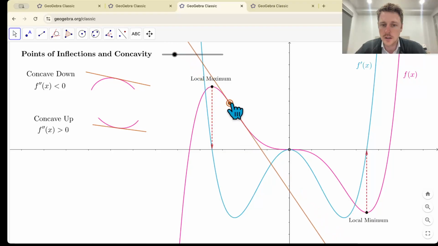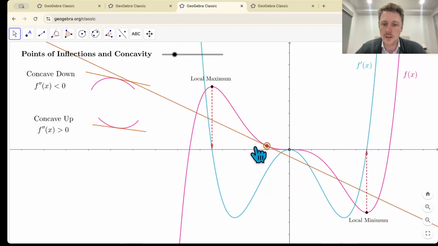So you can see now, we went from being above the pink line to being below the pink line. So that point, I think you can probably guess, is right where that minimum is on the derivative graph. So we have a change in concavity there. So that means it's a point of inflection, and where the second derivative changes sign, because we've gone from concave down to concave up.